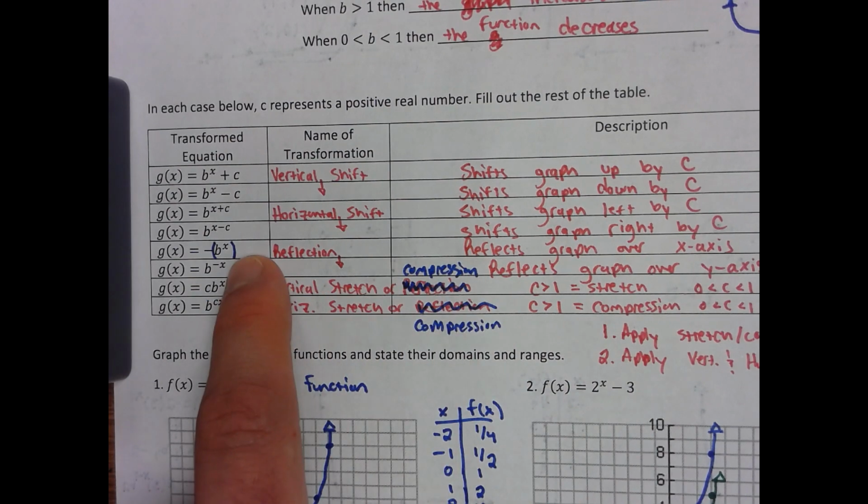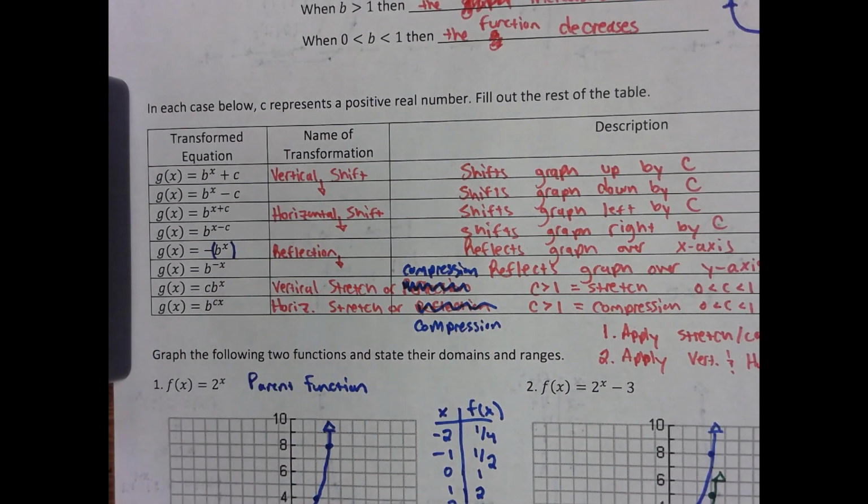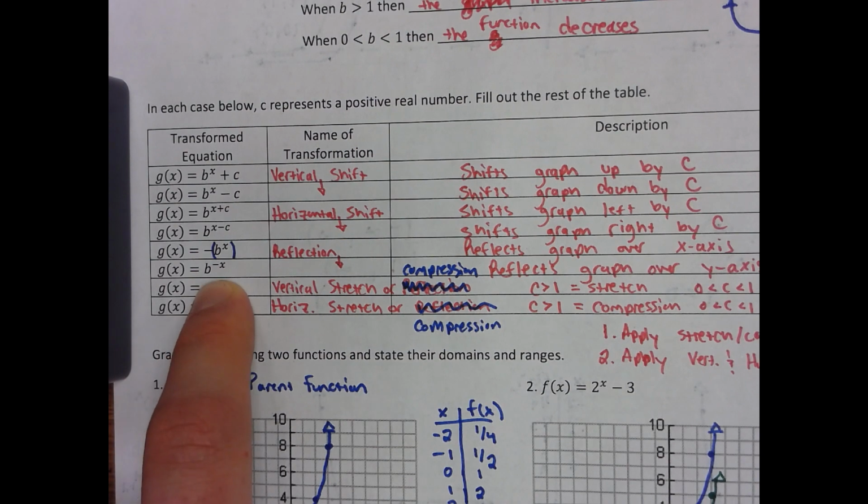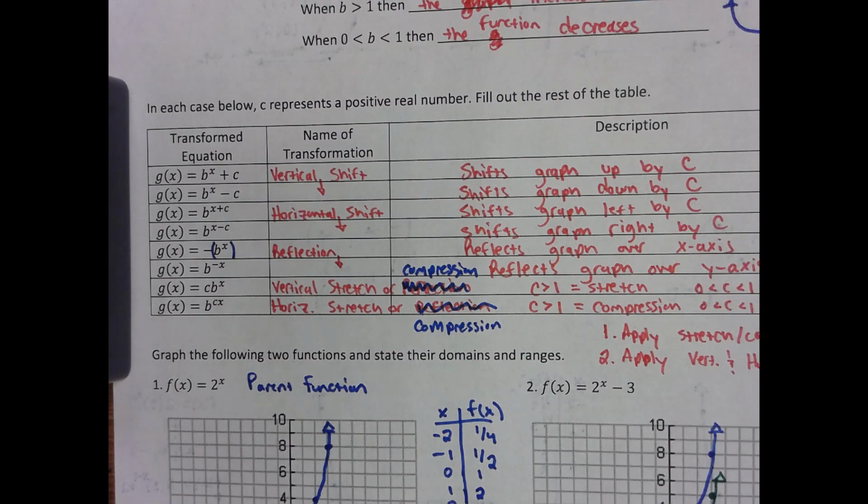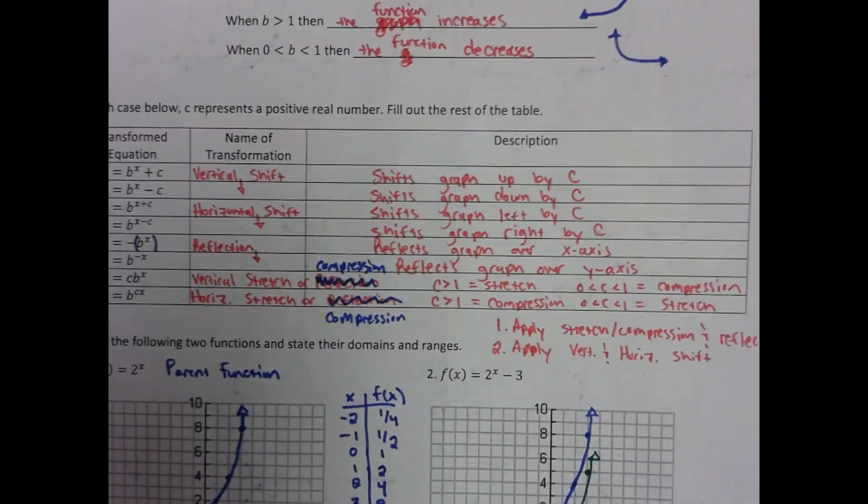Really what's happening there is we're multiplying all the y values by -1, and so it's taking all the points from above the x-axis, making the y's negative, and reflecting across the x-axis. When the x itself is negative, okay, the reflection is the opposite. So now there's going to be a reflection over the y-axis.